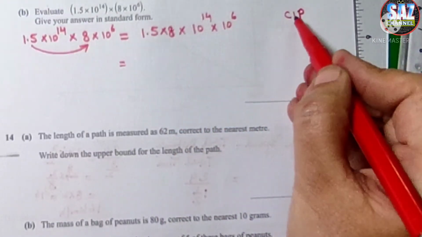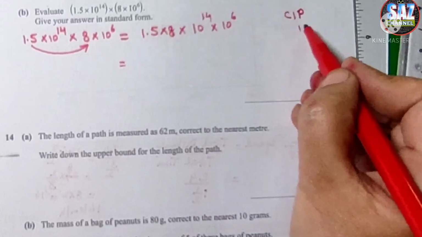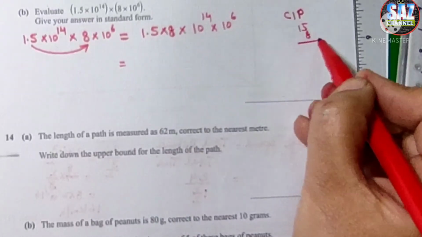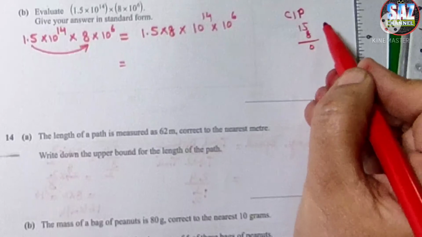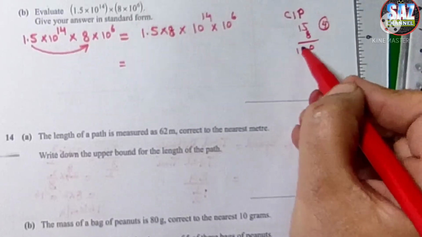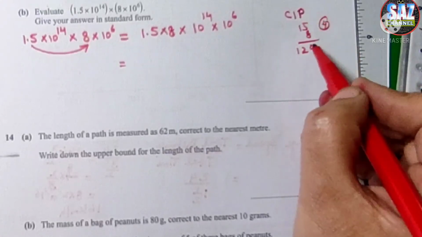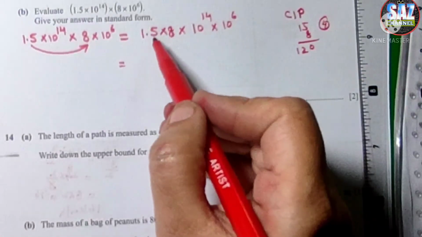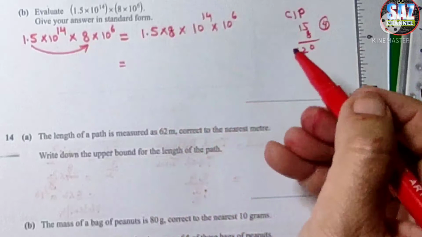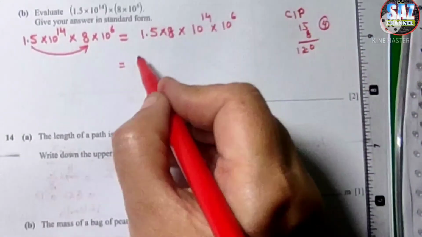Okay, count, ignore and place. 15 times 8: 8 5s are 40, 8 1s are 8 and 4 makes 12. Now we have to place the decimal back, as the question has the decimal after one digit, so it will become 12 only.